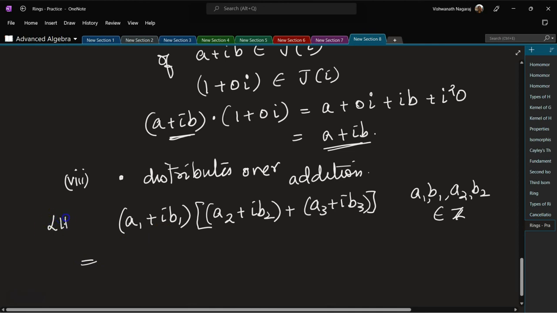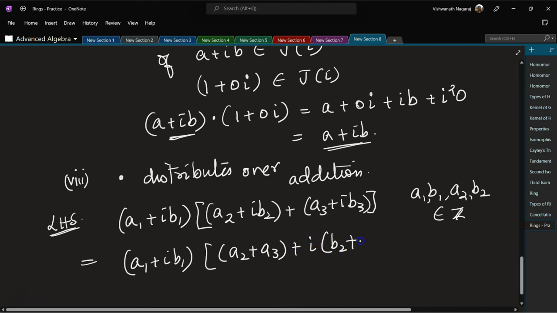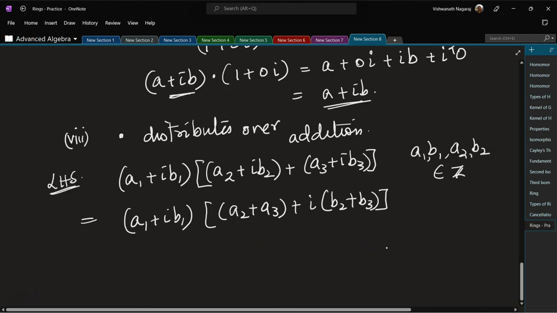Okay, now let's simplify this. This is the LHS part of the distribution. Next we will take up the right hand side. So this would be a1 plus ib1. First we do the addition. So this becomes a2 plus a3 plus i times b2 plus b3, and now we multiply it.